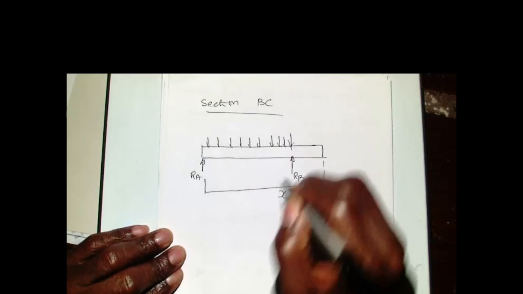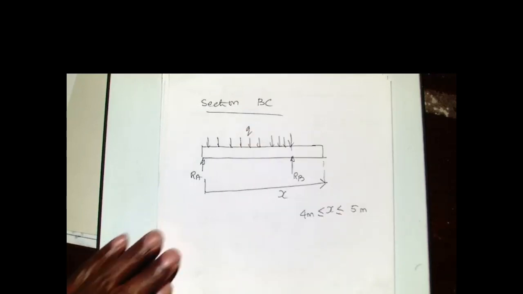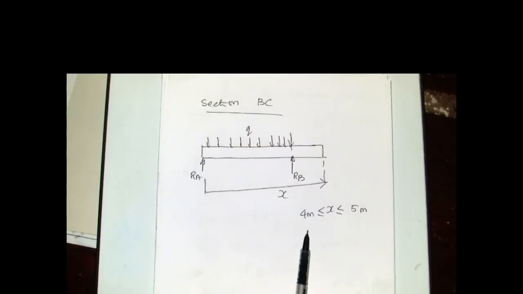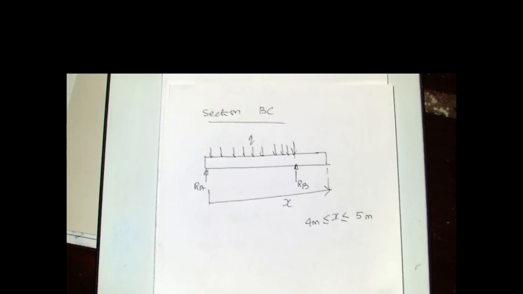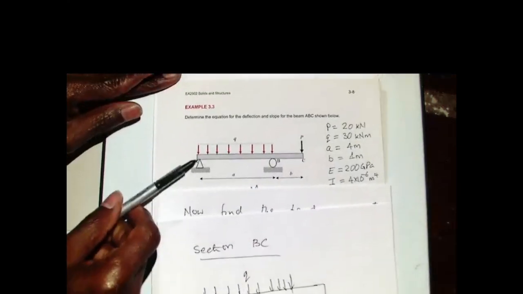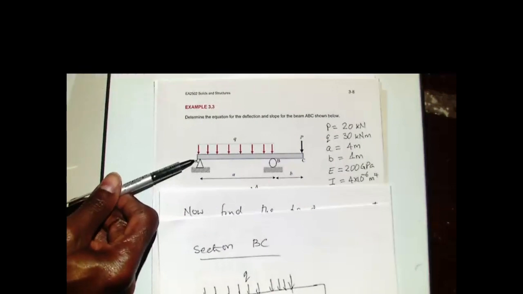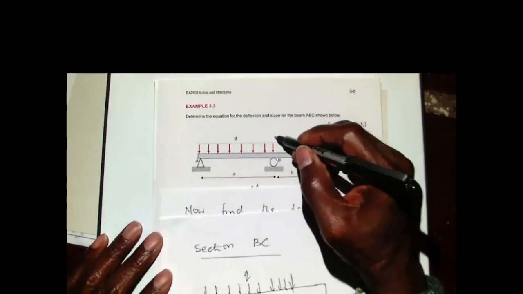So you mean, is it from 4 or from 0 meters then? Sorry? Shouldn't it be 0 meters then? Which one? This one? Yeah. No, because your reference is always on the left. If I go to the beam again, your reference is here, but we are only interested in what happened between here and here.